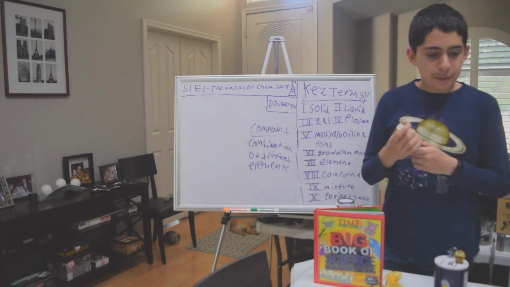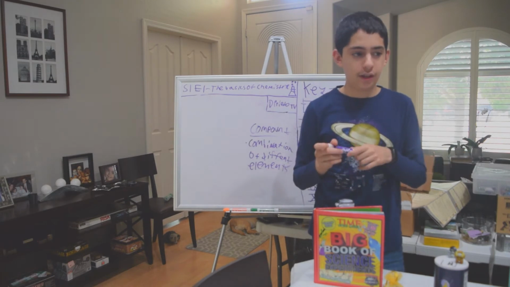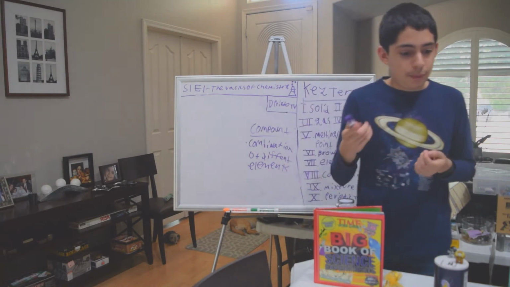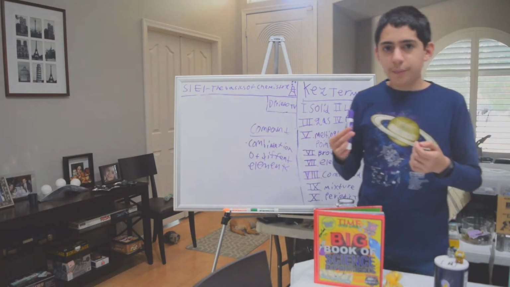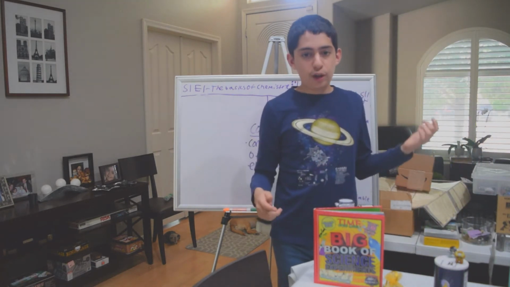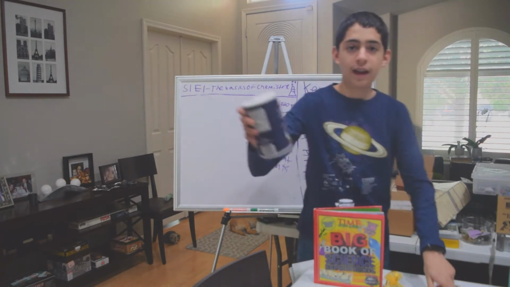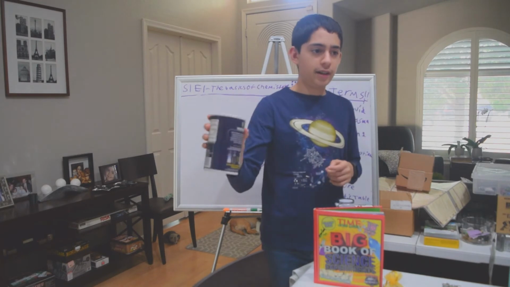They can be destroyed and they can be made by chemical reactions. Let me give a good example. There are 2 types of compounds: ionic compounds and covalent compounds. An example of an ionic compound is salt. Salt is an ionic compound.